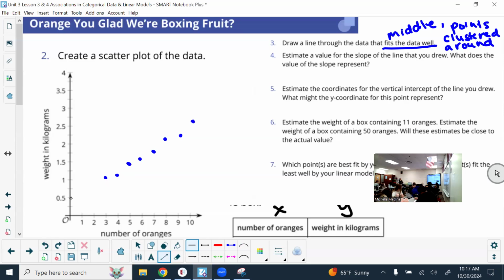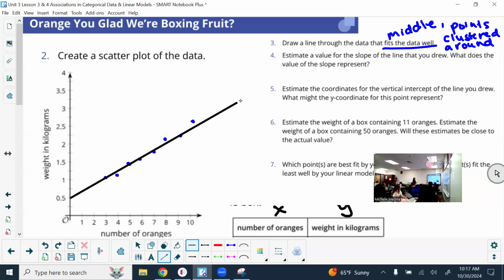You want to create a line that looks like it's going through the middle of your data where the points seem to be clustered around it. Like you don't want all of them to be above it. You don't want all of them to be below it. You want it to go through the middle of your data, best you can.